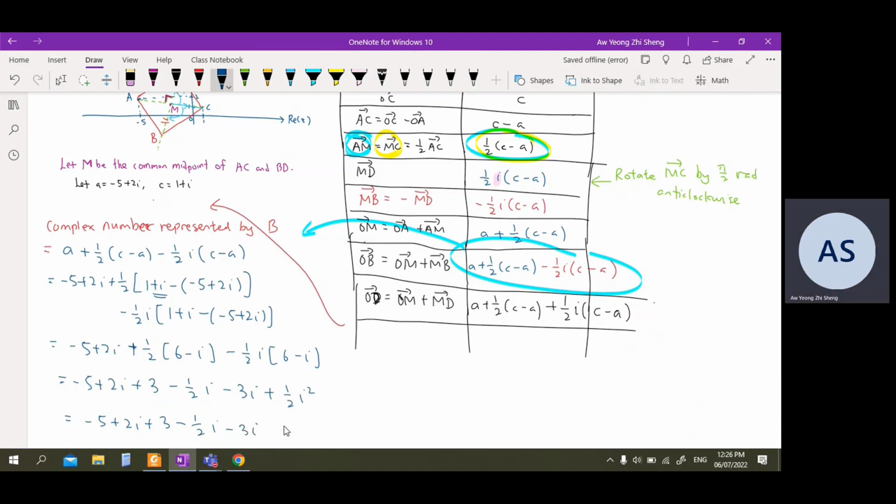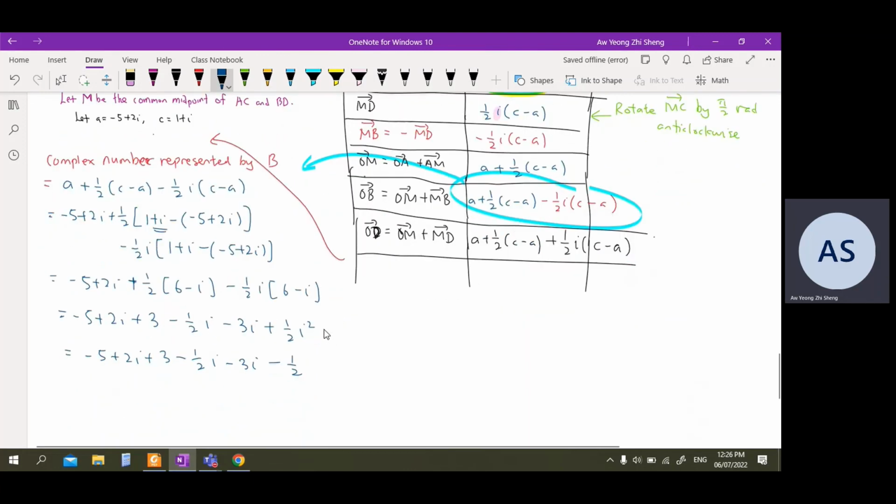The plus half I squared at the end is just a negative half because I squared is negative 1.